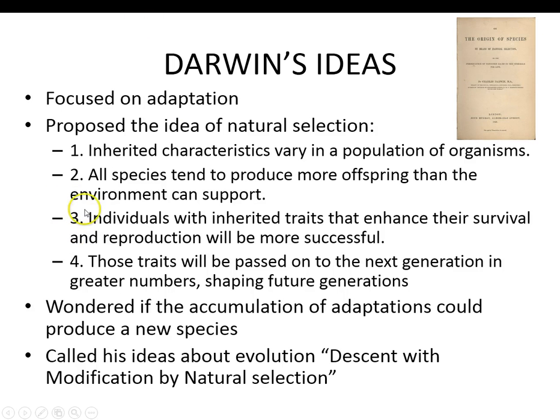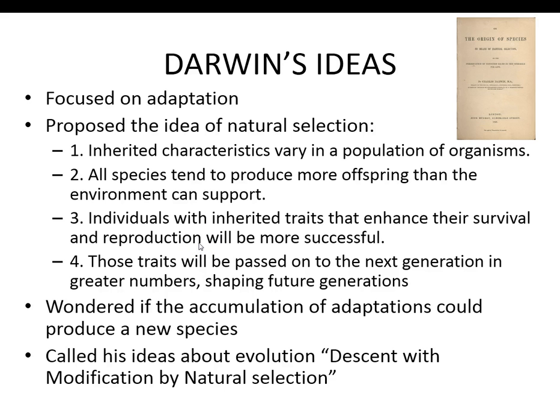That takes us to our third point: individuals with inherited traits that enhance their survival and reproduction will be more successful. These genetic traits allow you to overcome the competition, which means you survive longer and then you reproduce more.